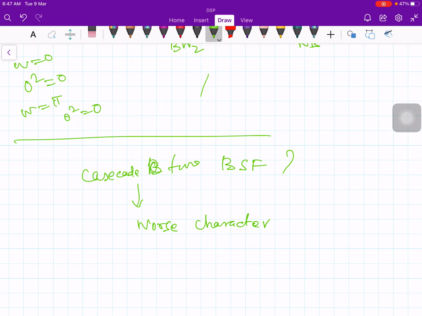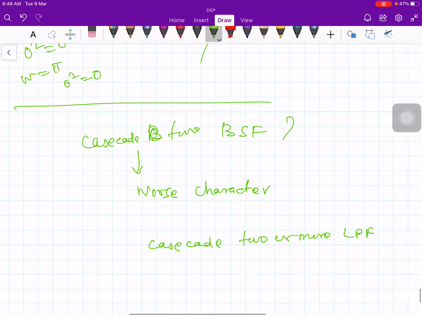Similarly, for a low pass filter, you can cascade more low pass filters to get a better characteristic. Cascade two or more low pass filters, you will get a better characteristic.